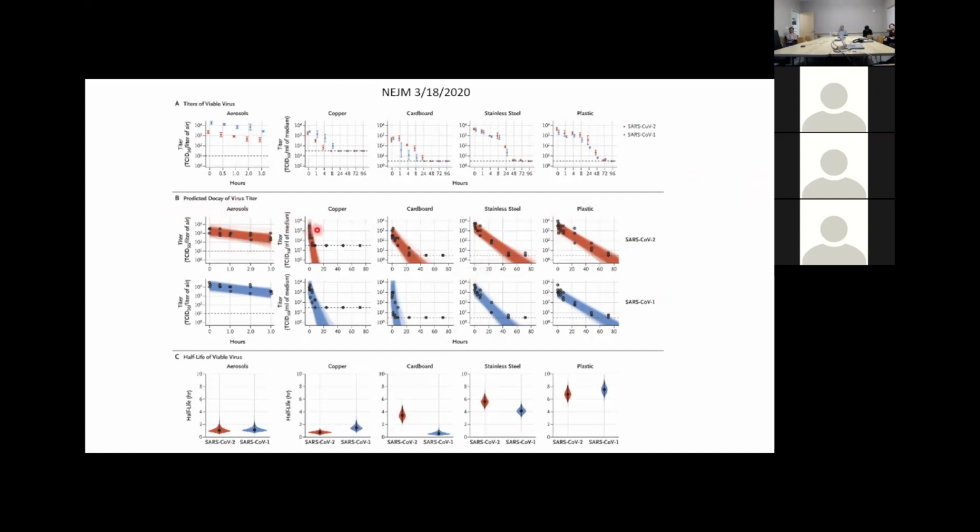Copper, again, drops fairly rapidly, but for plastic and stainless steel, the curves are way less steep. So this virus is able to survive on inert surfaces. There's been stuff going around on the internet about the survival of the virus on money, dollar bills, and cloth. I haven't really seen actual studies on that, but this is important for cleaning and disinfection.